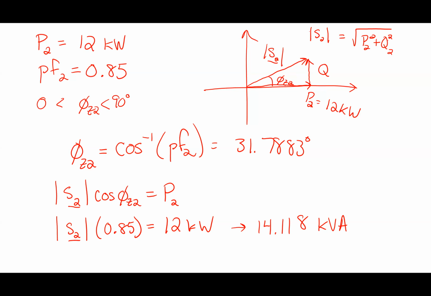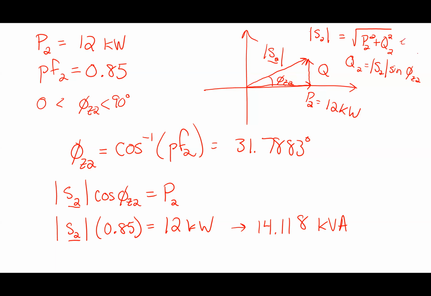That's one way to do it. The other way is Q equals the magnitude of S times the sine. So again, there are formulas for it all. They're ugly, there are many, but it's just trig. This is the Pythagorean theorem.